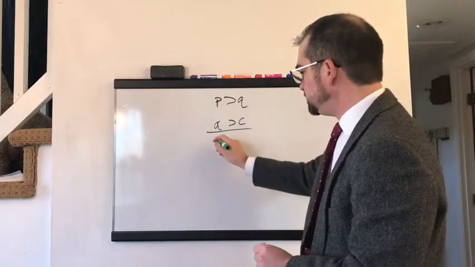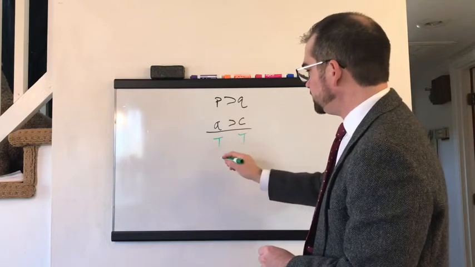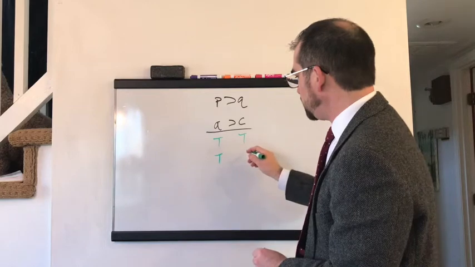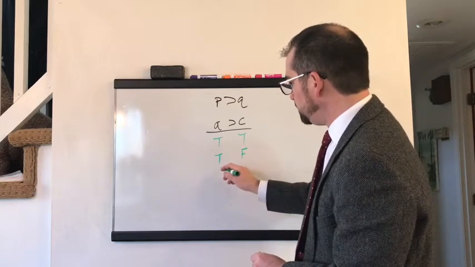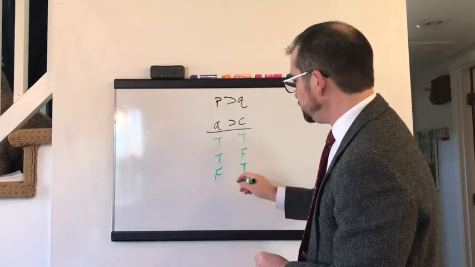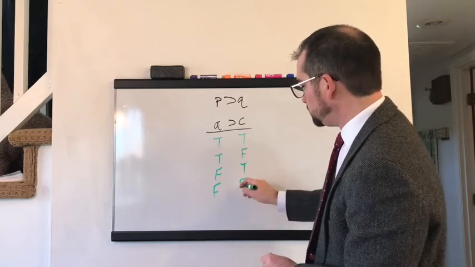All right, so let's say the antecedent is true and the consequent is true. Let's say in this column that the antecedent is true and the consequent is false. And why don't we say here the antecedent is false and the consequent is true, and the antecedent is false and the consequent is false.